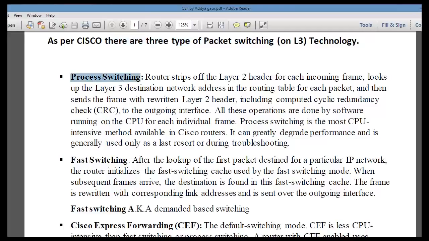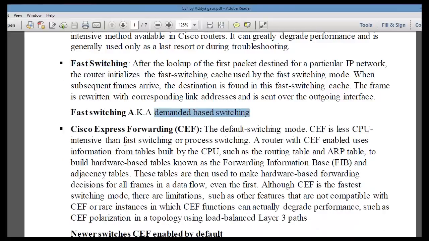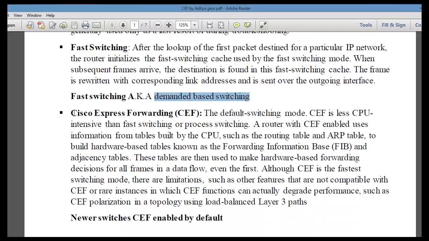The first one is known as process switching, which has been used from the very beginning, and then fast switching, sometimes also known as demand-based switching, and finally the Cisco proprietary Cisco Express Forwarding, or CEF.